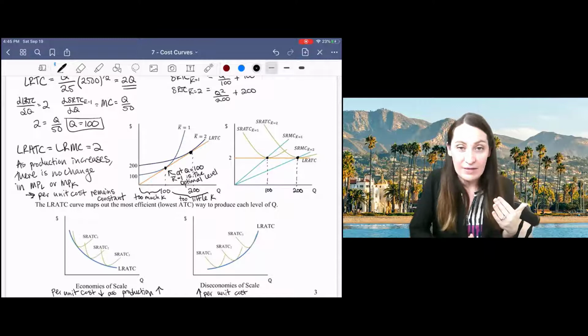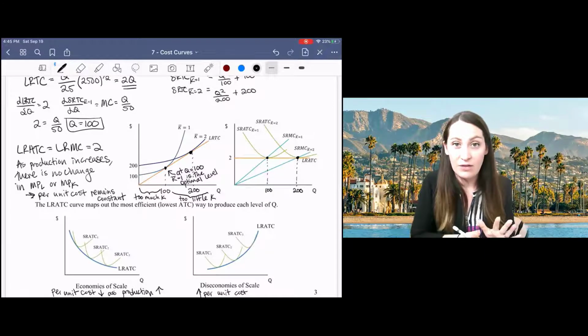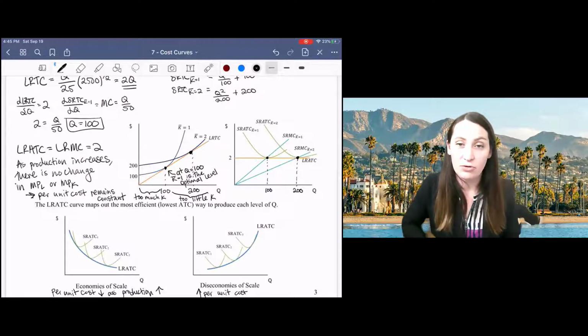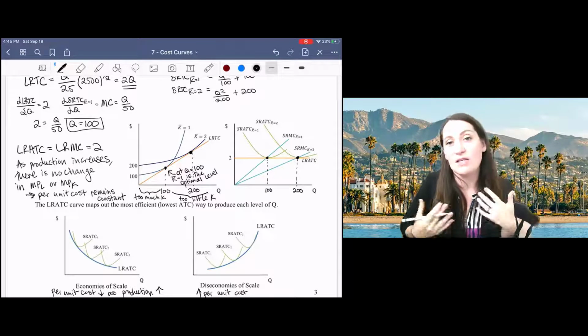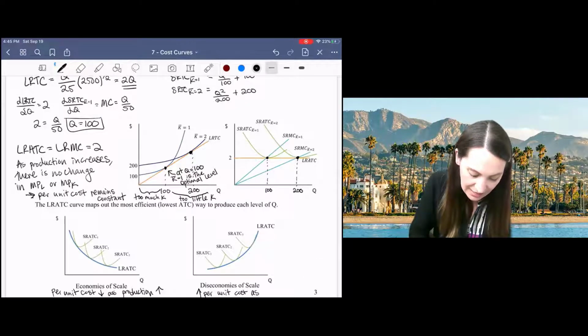And of course, because it's long run, this is the cost minimizing level of labor and capital that result in this long run average total cost. But nevertheless, because of the nature of production, our per unit cost increases as production increases.